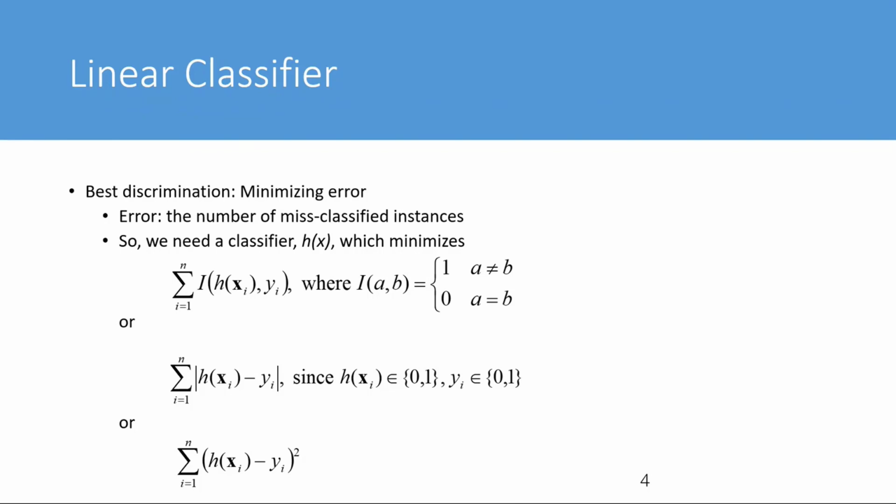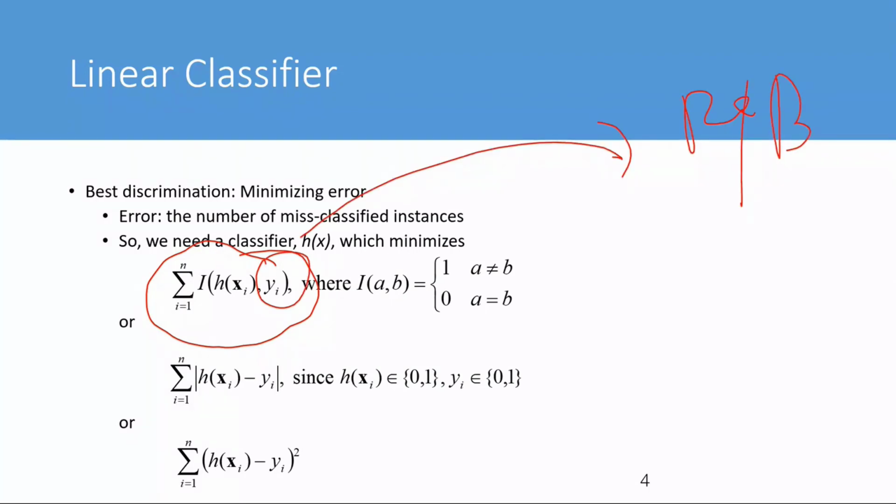So we need a classifier h of x which minimizes this, where h of x is your classifier and yi is your given data label, in this case red or blue. The indicator of A, B would be, for example, for two classes: if A is not equal to B, it means you have correctly classified.